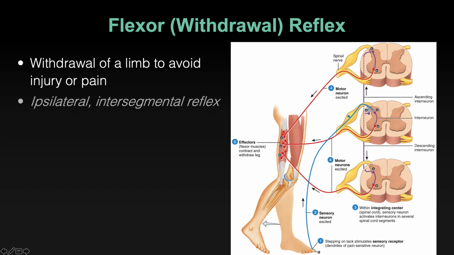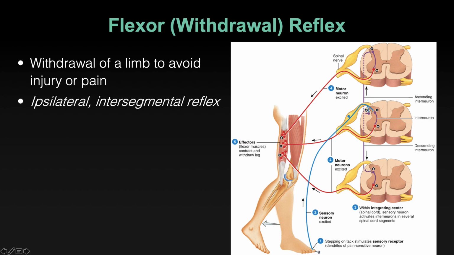Now, I'll tell you up front, this is an example of an ipsilateral intersegmental reflex. So we know what ipsilateral means already. Same side of the body. Intersegmental is new, though.